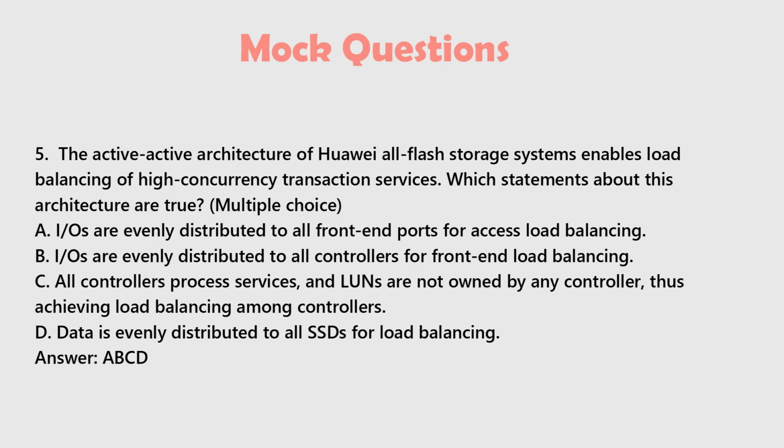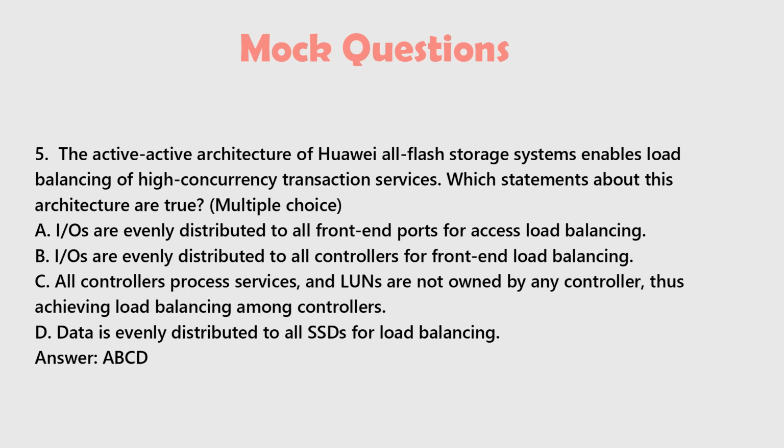5. The active-active architecture of Huawei all-flash storage systems enables load balancing of high concurrency transaction services. Which statements about this architecture are true? Multiple choice. A. IOs are evenly distributed to all front-end ports for access load balancing.